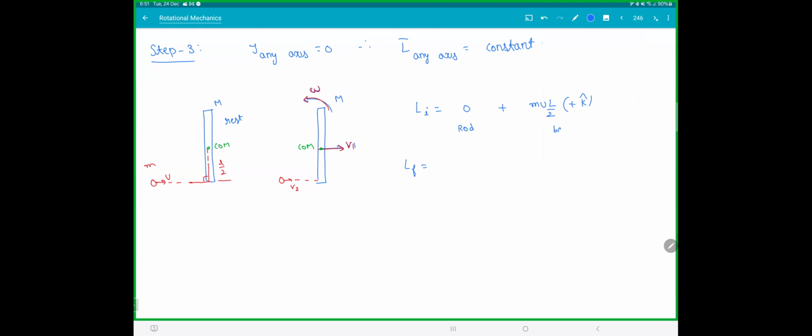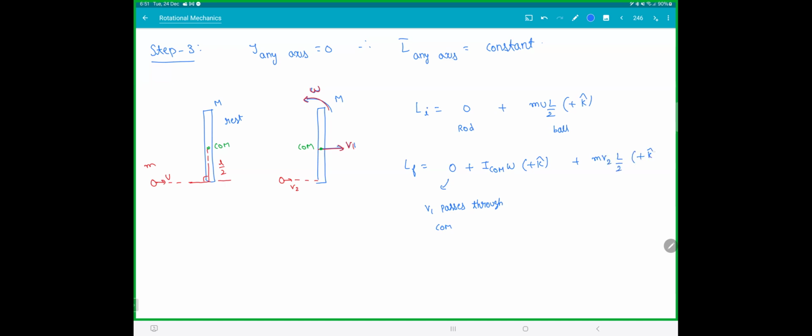L final. For the rod, you're talking about center of mass. So for the rod, translation will be 0, plus I COM omega k cap. This is 0 since V1 passes through the center of mass. If your velocity passes through the center of mass, then there's no angular momentum about it. Plus the ball will be mv2 L by 2.